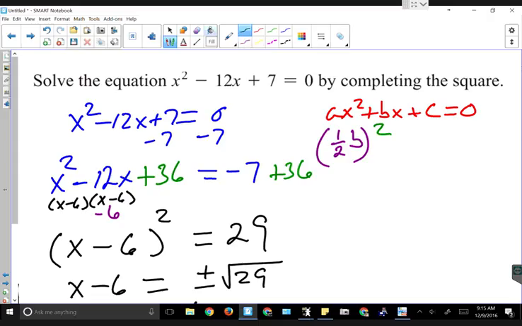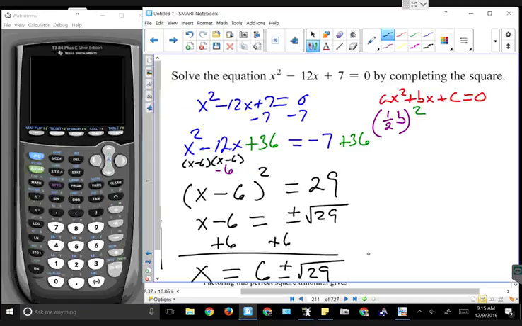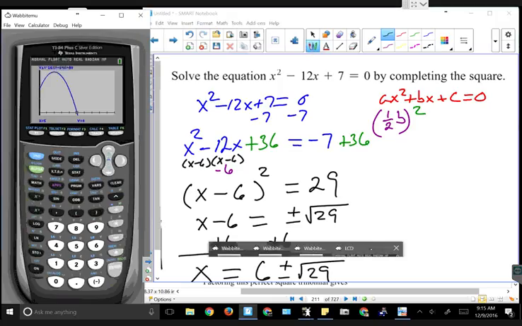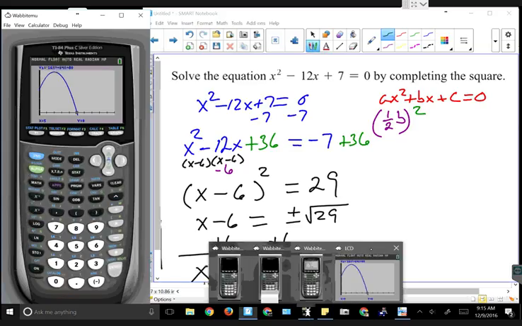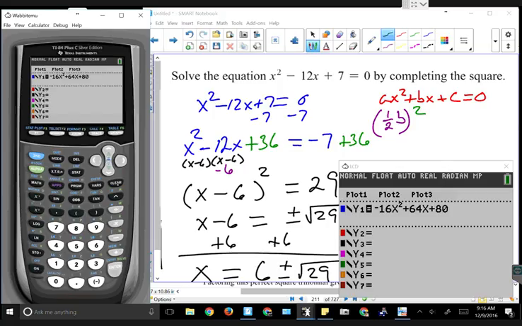Calculator on. Give it time to show up. Second, clear that out of there. And so we'll enter x squared minus 12x plus 7, and tell it to graph.